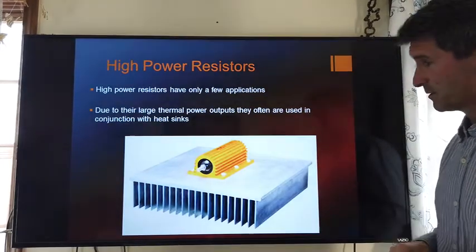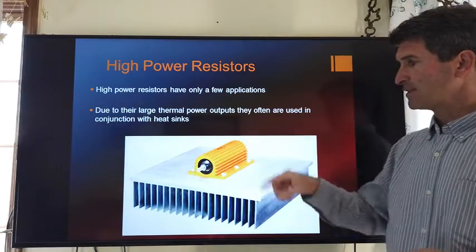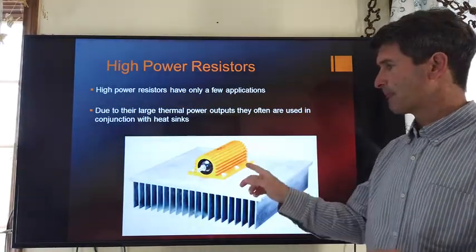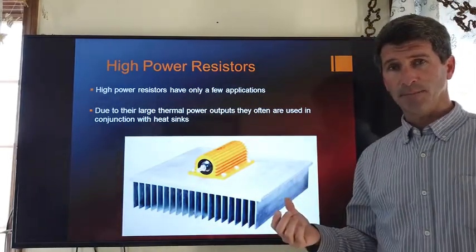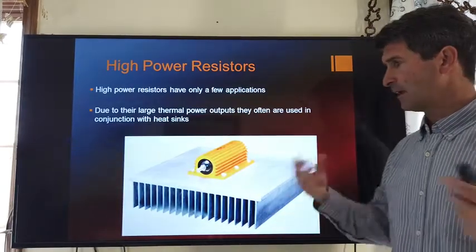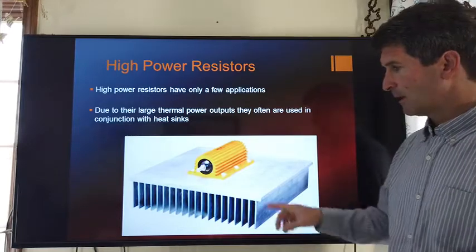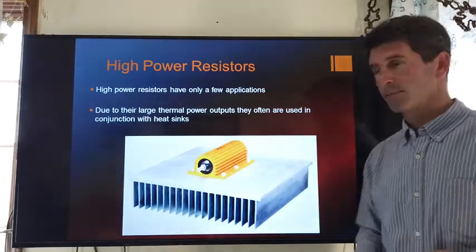High power resistors, you'll see, have heat sinks on them. This gold high power resistor has a heat sink on it. These fins radiate heat much more efficiently. They conduct heat to the air, and through convection, they'll self-cool, they'll passively cool. And this power resistor is on an even bigger heat sink.